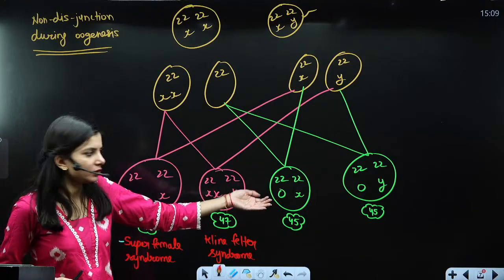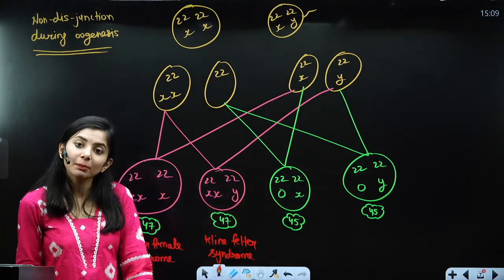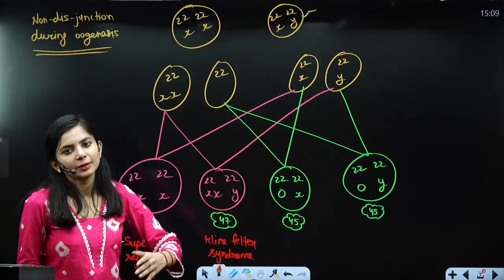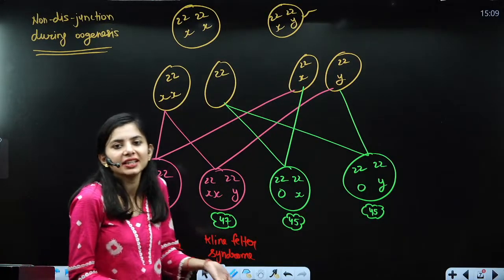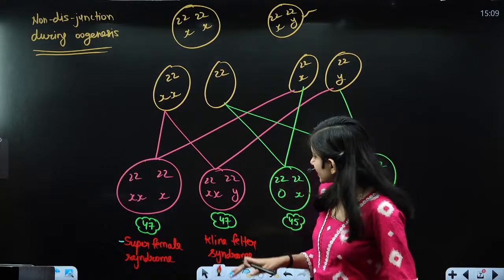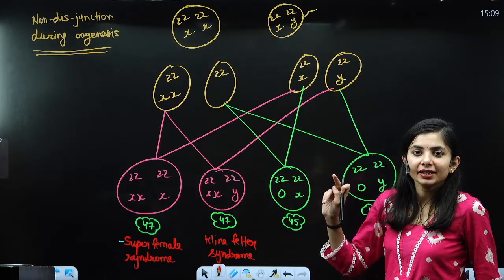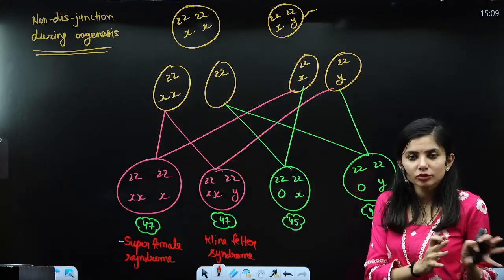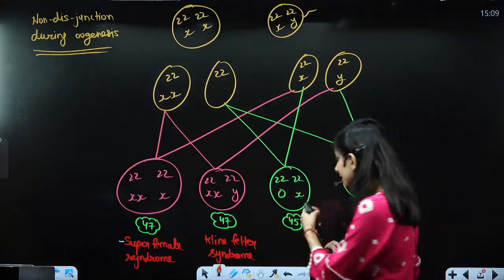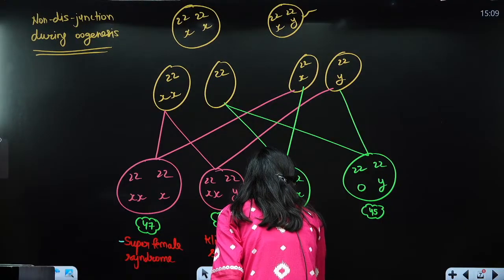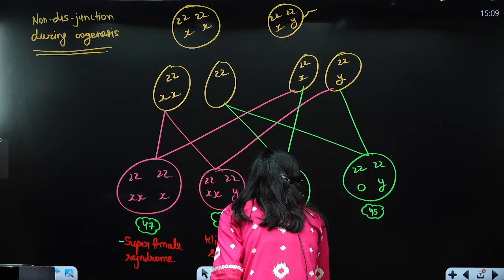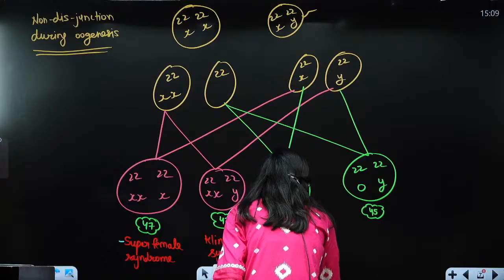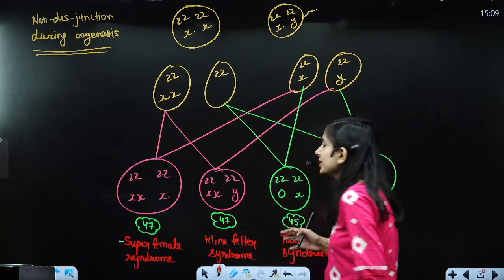Y is not there, so this could not be a male. But X is there, so it is quite possible. Now only a female is there, and that female is also not complete, because of the 0, the absence of another X. This syndrome is called Turner syndrome. These are the people who have these types of syndrome.